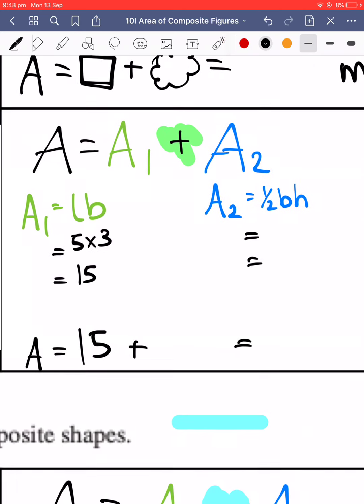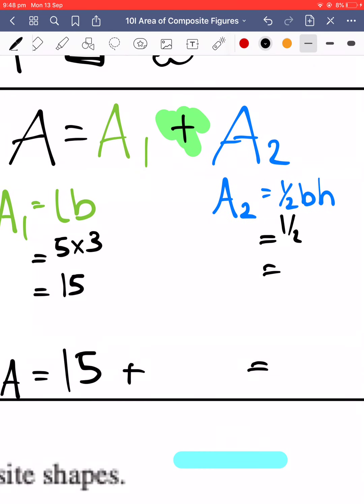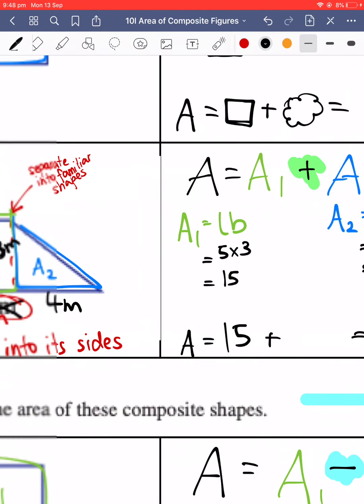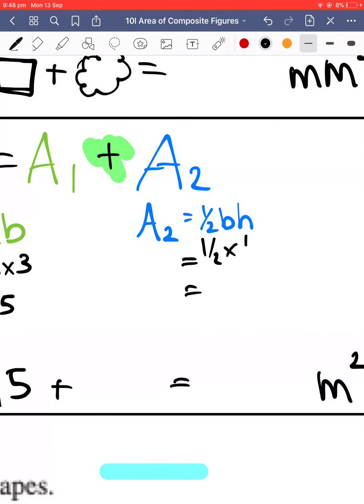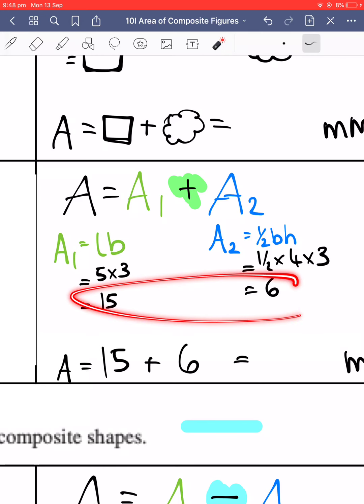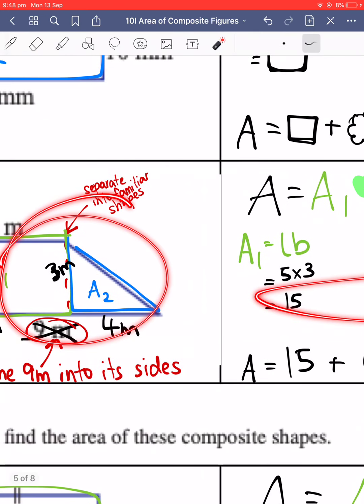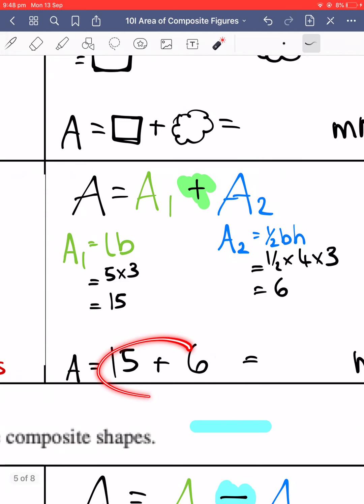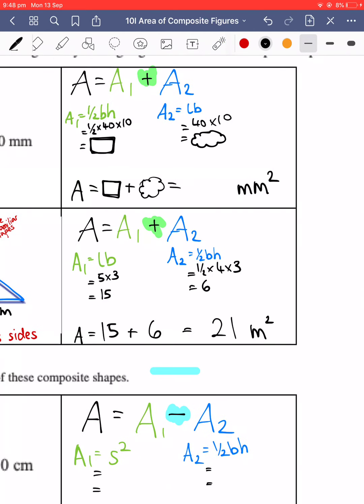So again, substitute it in, so half multiplied by my base, which was 4, and my height, which is 3, which gives me 6 overall. So I add those two numbers together because they are attached. So 15 plus 6 gives me 21, and I have my units there as well, meters squared.